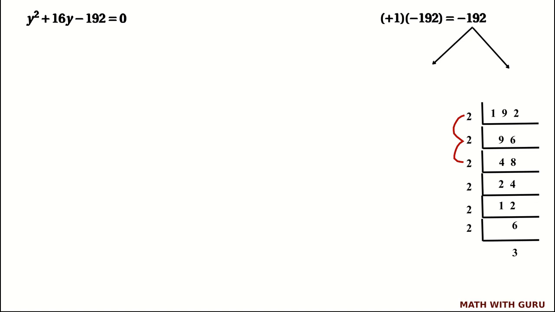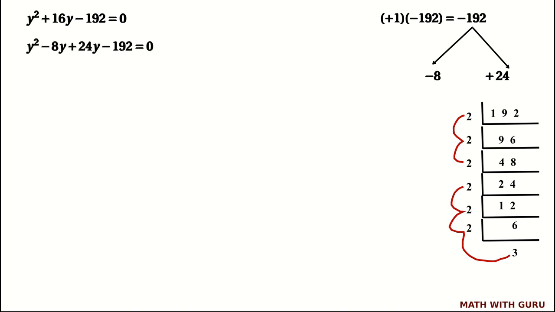The remaining factors 2 into 2 into 2 into 3, that is 24. 24 and 8, the difference is 16. Therefore, minus 8 and plus 24 are the factors which are required.